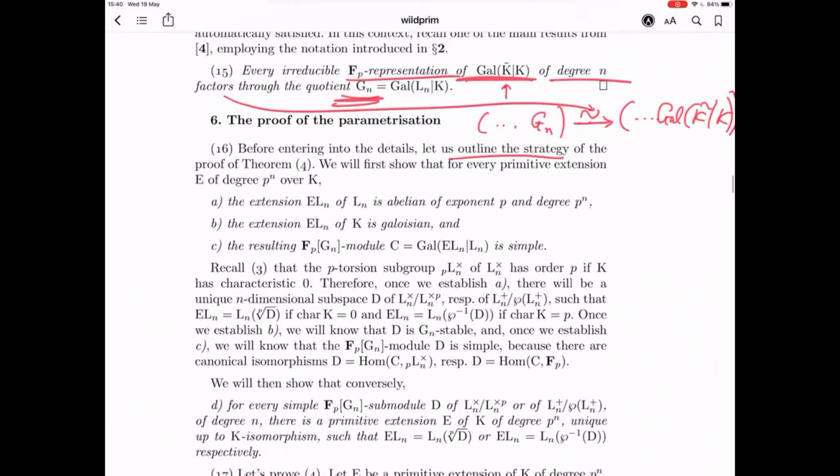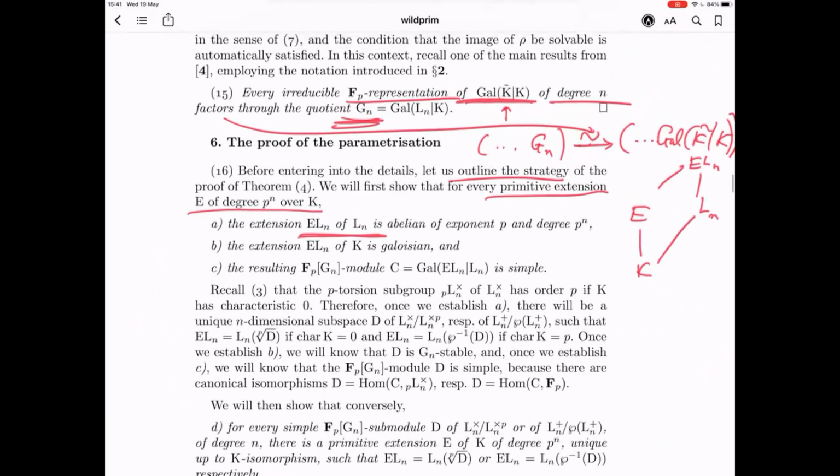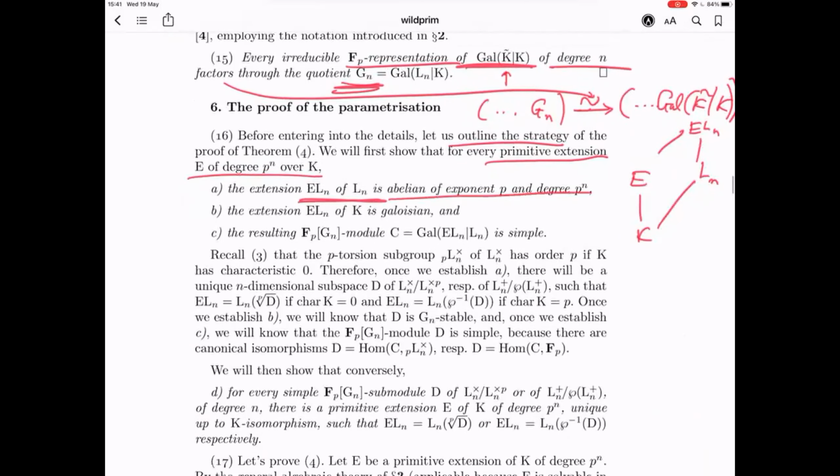You first start with a primitive extension E of degree P to the n over K. Then you have this E over K, and then you have Ln here, so you can form E Ln. The first thing to prove is that the extension E Ln of Ln is abelian of exponent P and degree P to the n. That's the first thing to prove.